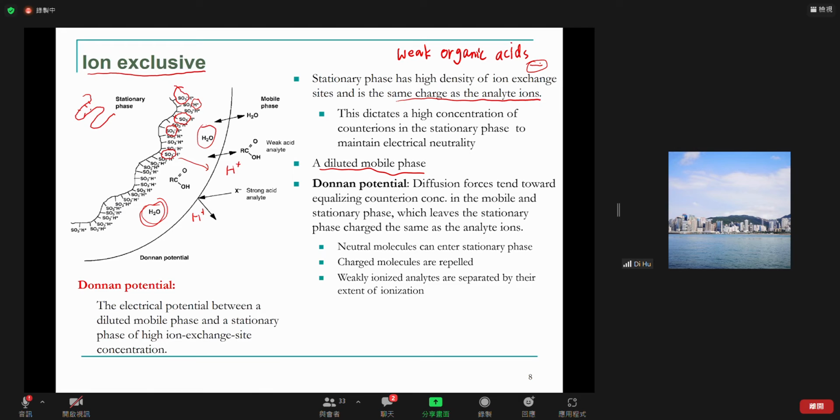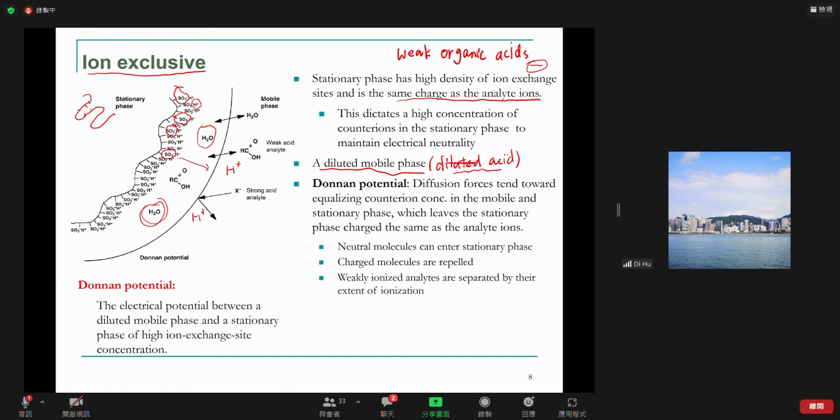So what happened? Well, if the acid is very weak, and because now you also have this mobile phase that is diluted acid, that means you're already in the acidic mobile phase condition.